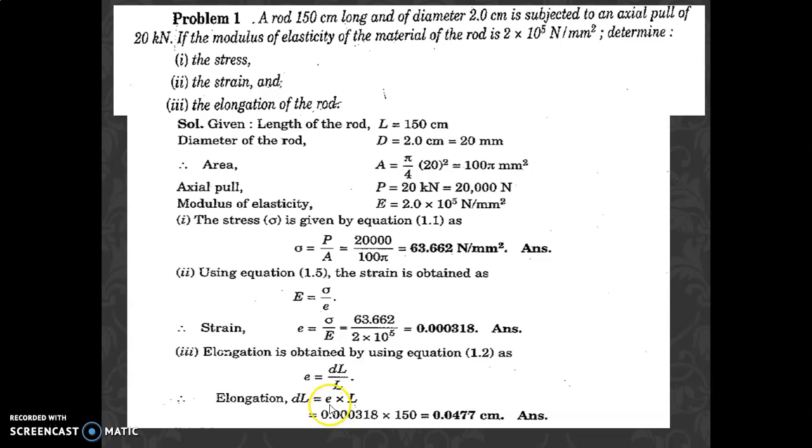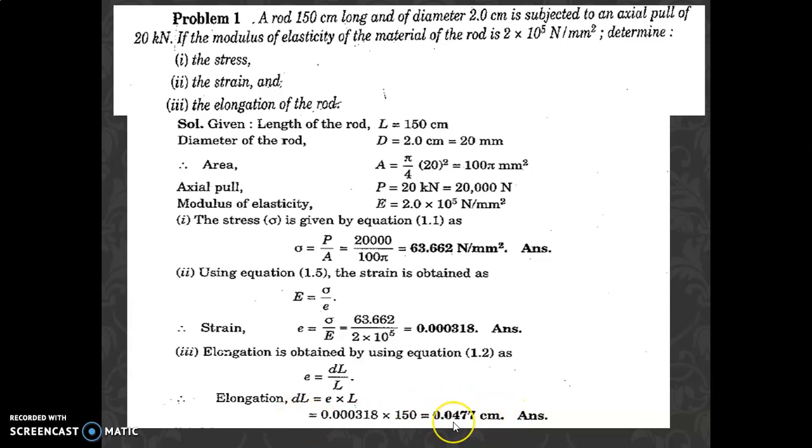By substituting strain as 0.000318 and length which is given as 150 centimeter. If we keep 150 centimeter as it is, then the elongation will be in centimeter. If we keep it as 1500 mm, then elongation will be in mm.